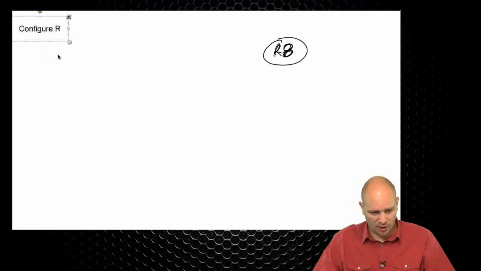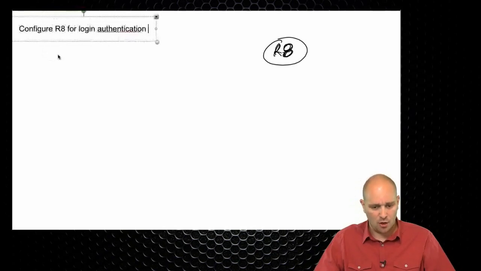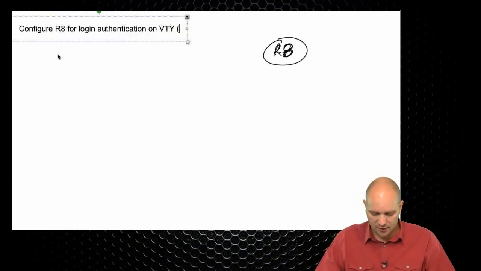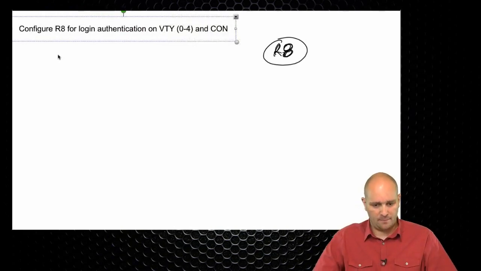Configure R8 for login authentication on VTY, and here I'm talking about lines 0 to 4 and console lines.